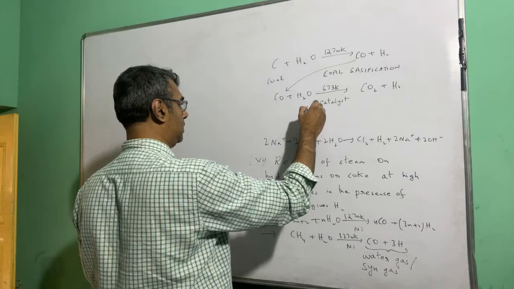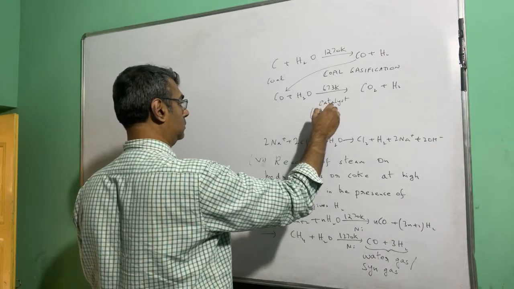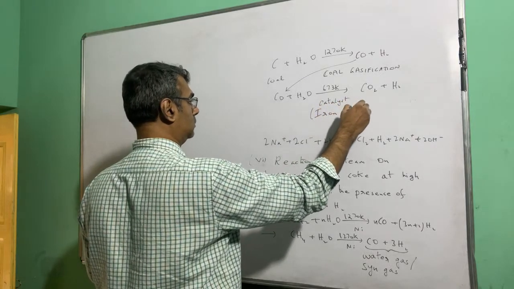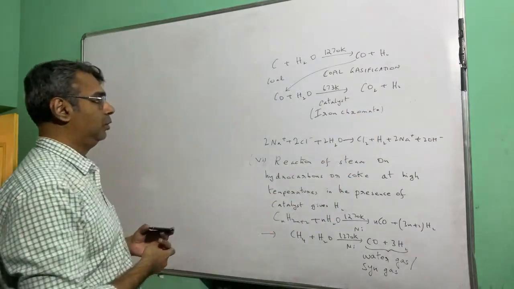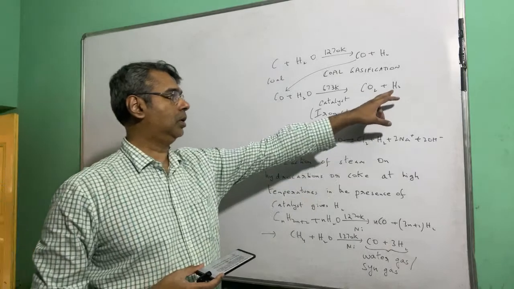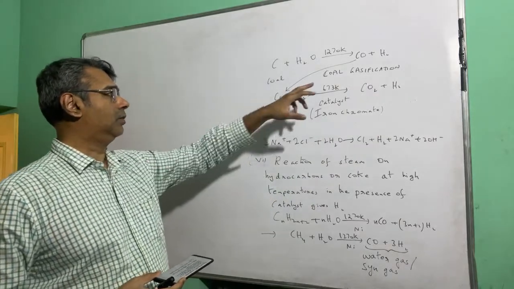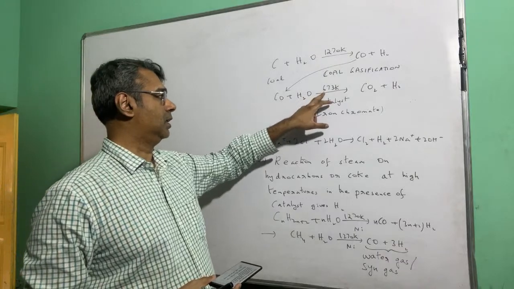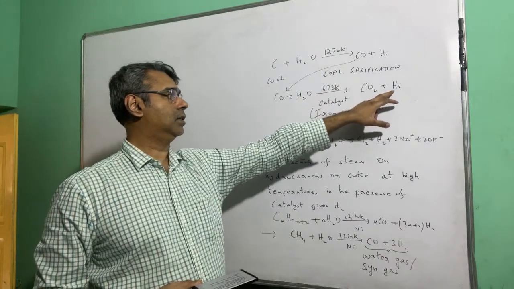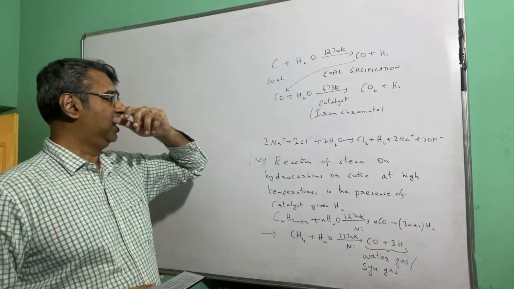The catalyst is iron chromate. So if you want a greater amount of H2, then you take CO plus H2O at 673 Kelvin with iron chromate catalyst.